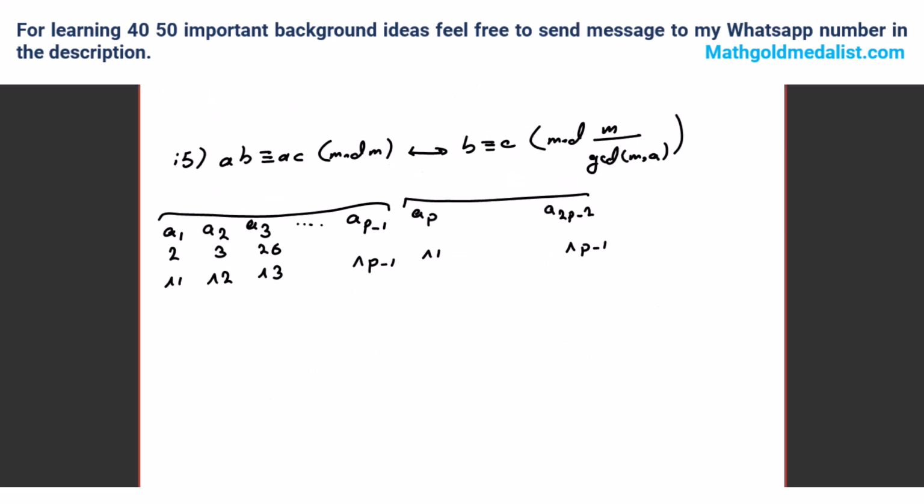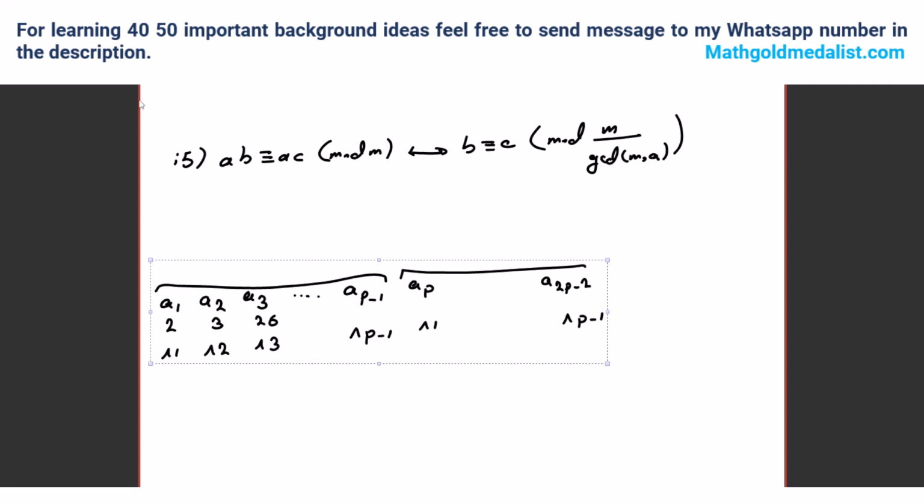The length of this period is P minus 1. So if we find equal, for example, A1 equals AP, then these two things will be similar. Again, for the next one, consider A2P minus 1, should raise to the power of 1 to A3P minus 3. It is P minus 1, and so on.